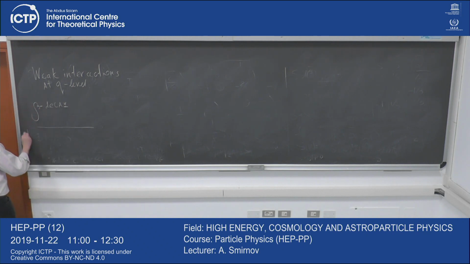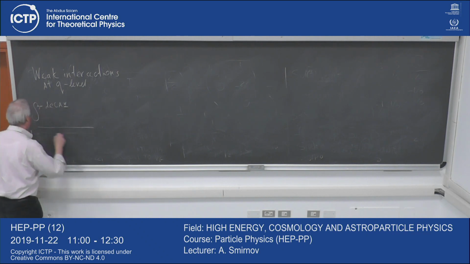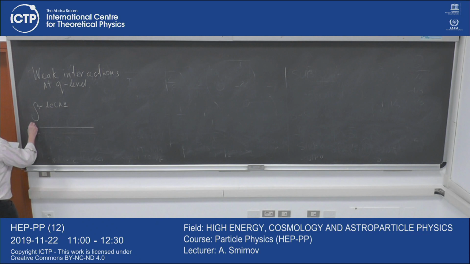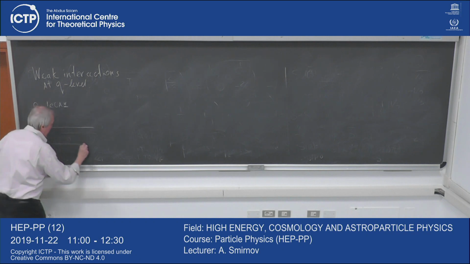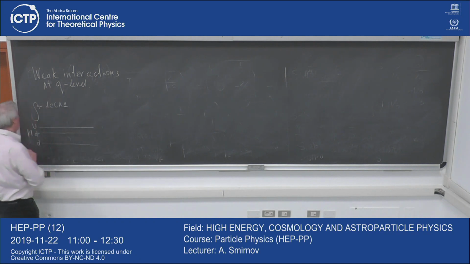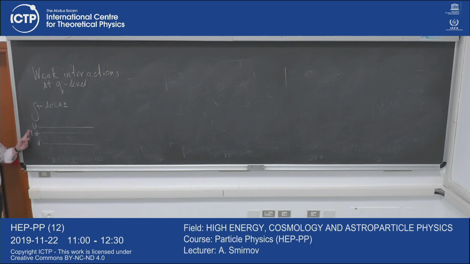Now we know that neutron consists of 1 U quark and 2 D quarks. So this is the composition of neutron. And you can check, so first of all, the electric charge is 0, right?